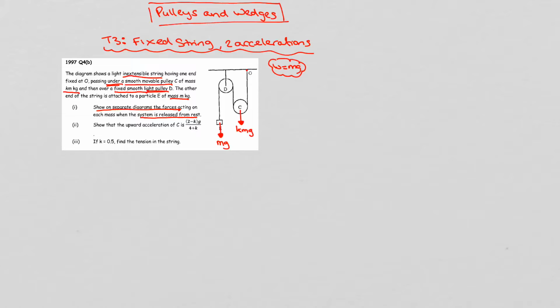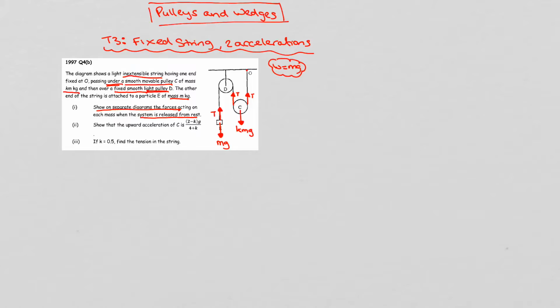So when they say light pulley, they're saying negligible mass for this particular question. Now it's one string, so therefore we're going to have common tension, and tension always acts away from the object. So therefore we're going to have T, and our pulley here, the string is going under it, so that's going to be taken into account because this can move. So therefore we have to put tension here as well.